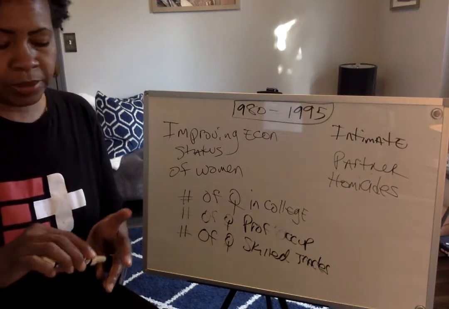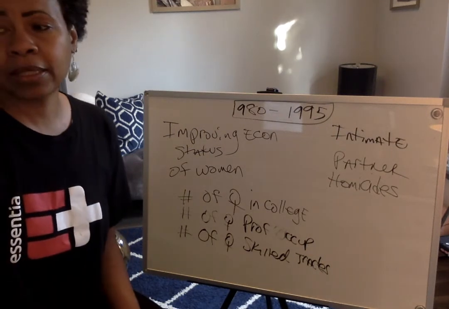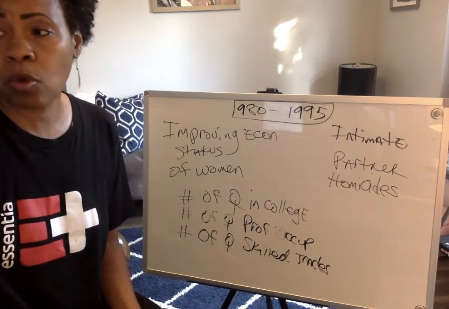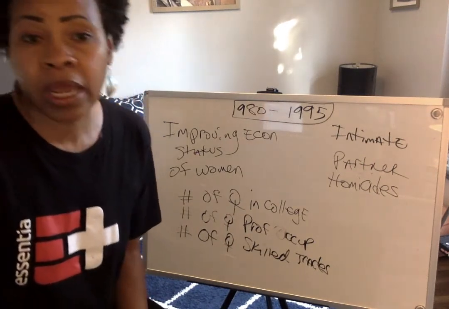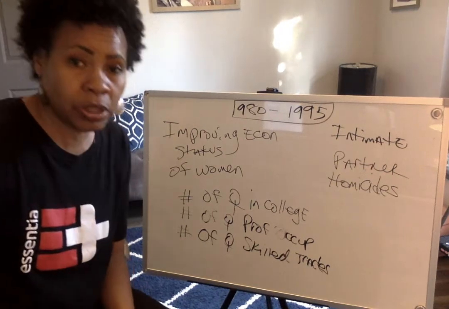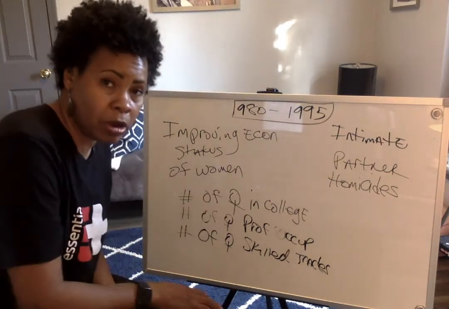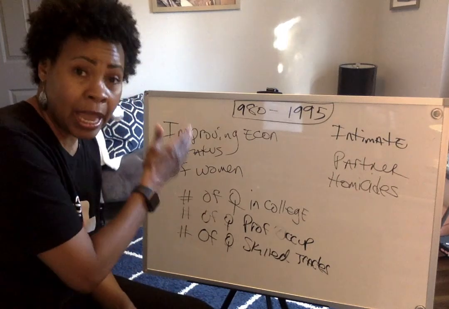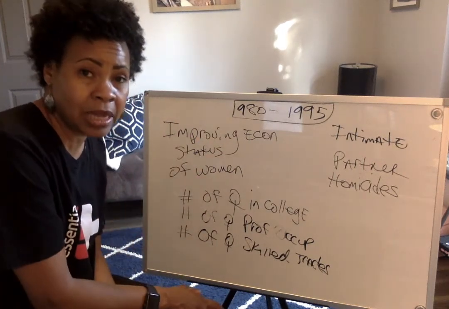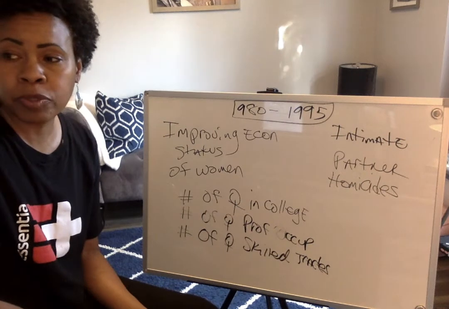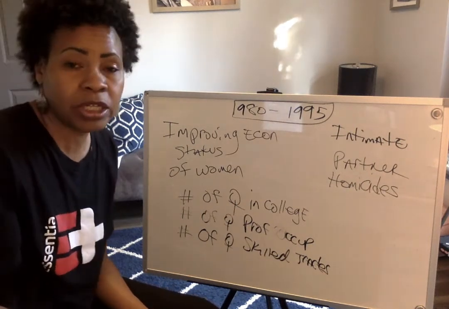Now, the next point. Regression analysis is a statistical quantitative approach to determine if there's a predictive relationship between two variables. So I'm trying to find out if we can predict the number of intimate partner homicides based on the economic status, or the rising economic status, of women. So it's to find out if there's a predictive correlation between two variables.